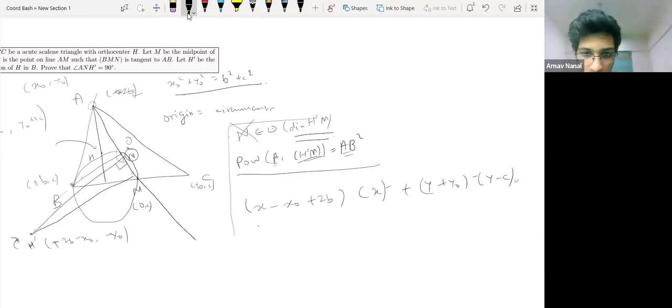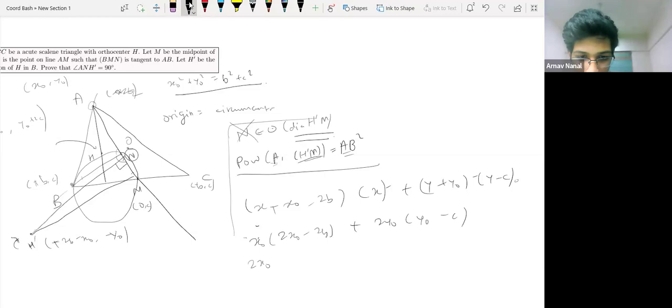So just substitute coordinates of x, you get that this is 2b into x. This is reverse. What am I doing? So it's x naught into 2x naught minus 2b plus 2y naught into y naught minus c.